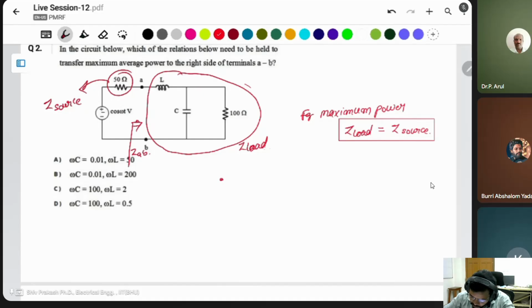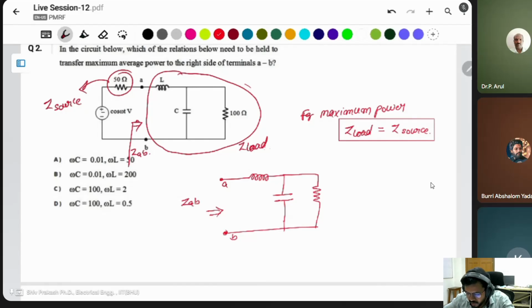It means we have to take a point, with an inductor and a capacitor in parallel with the resistor, at terminals A and B. We have to find the impedance at AB. It should be equal to the source impedance. L will be j omega L. C will be 1 upon j omega C. This resistance R is given as 100 ohm.